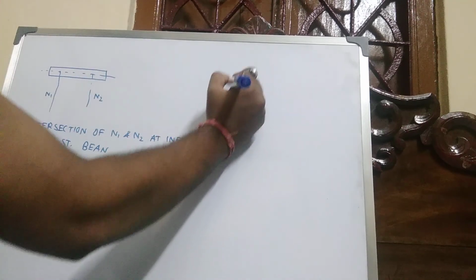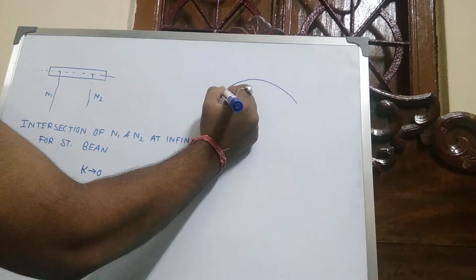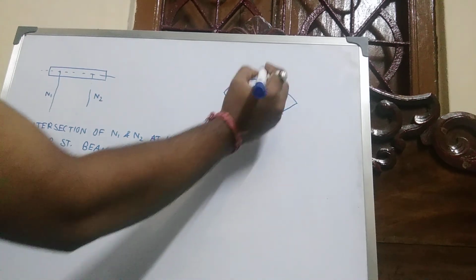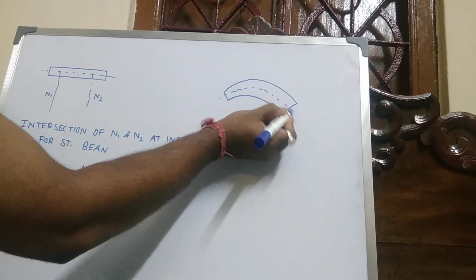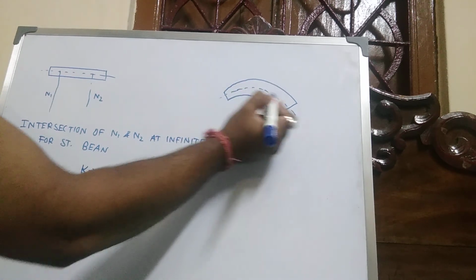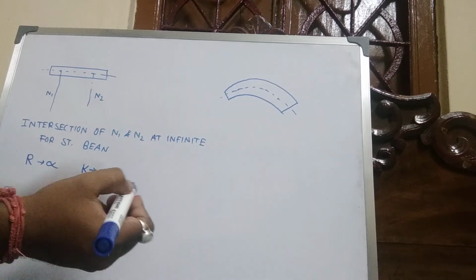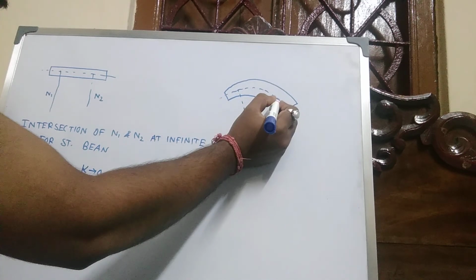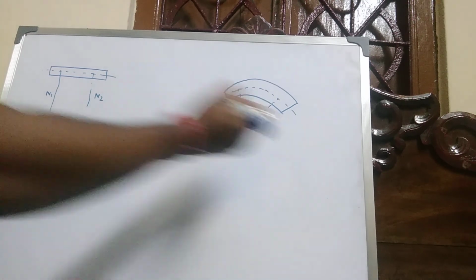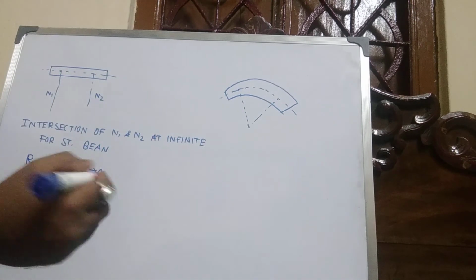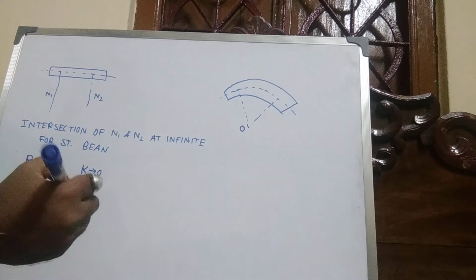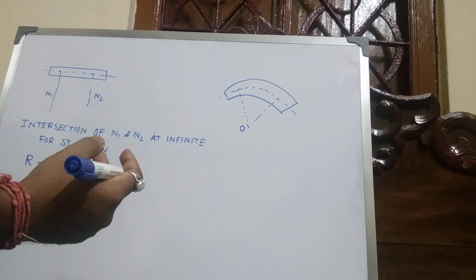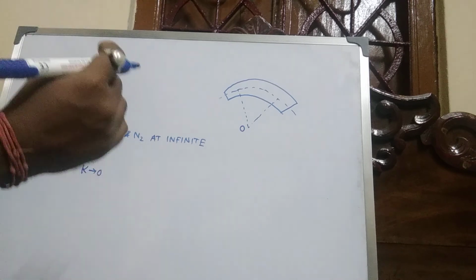And for a curved beam, this is the axis. Take any two points on the axis, draw normals and join them, and they intersect at point O. So the radius of curvature is a finite value.